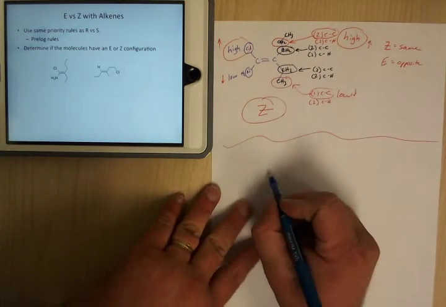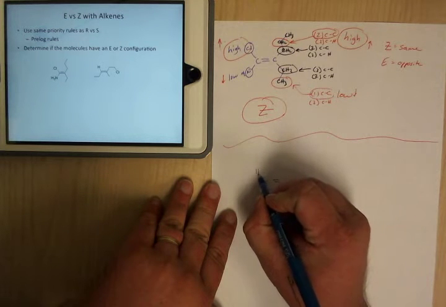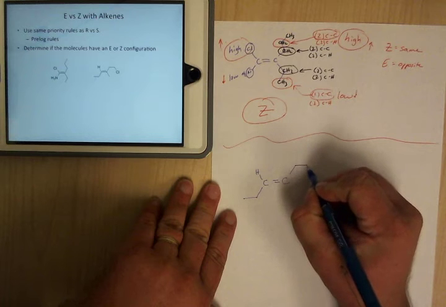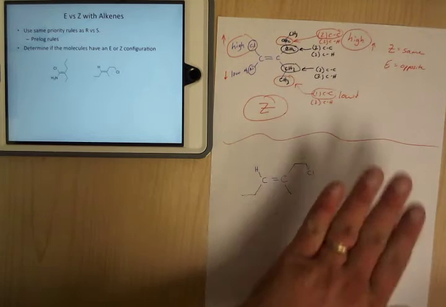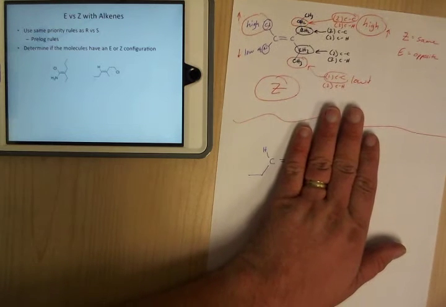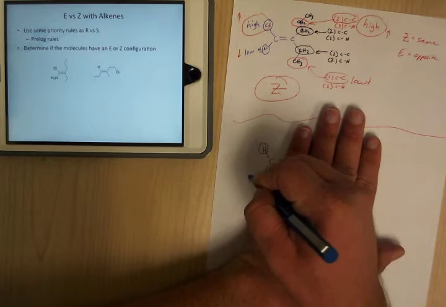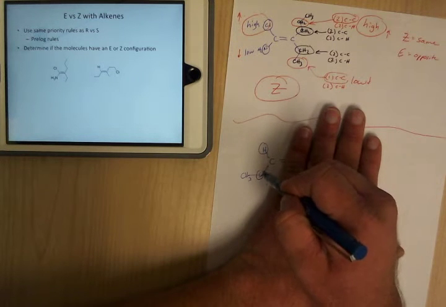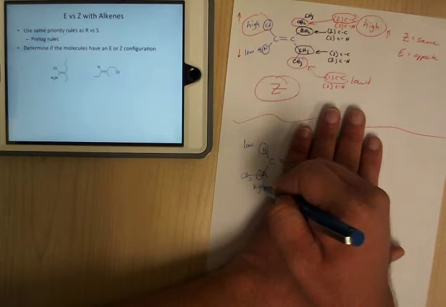Okay, so for this one, we're going to compare that. That's CH2, CH3. So hydrogen versus carbon: this is the low and this is the high, because carbon's heavier.